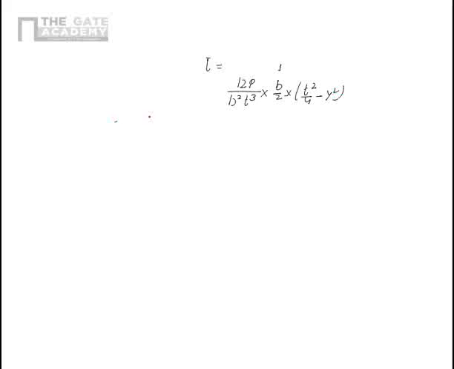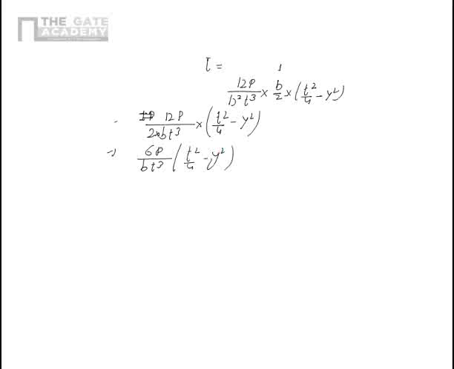So that will be equal to 12P upon bt cube into, and this by 2 is also there, t square by 4 minus y square. So that is equal to 6P upon bt cube into t square by 4 minus y square. Now that's the shear stress at that particular location.